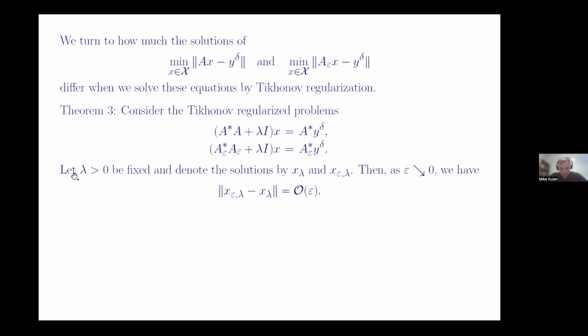It's a new theorem. It's another strong fact used in this research that the solution of this second, surrogate equation converges to the original, of course, if epsilon converges to 0.